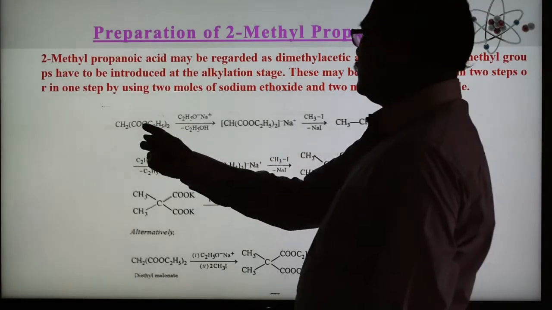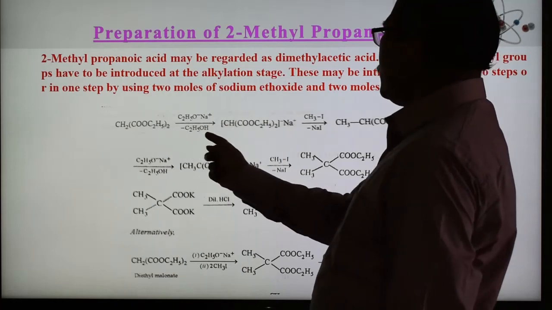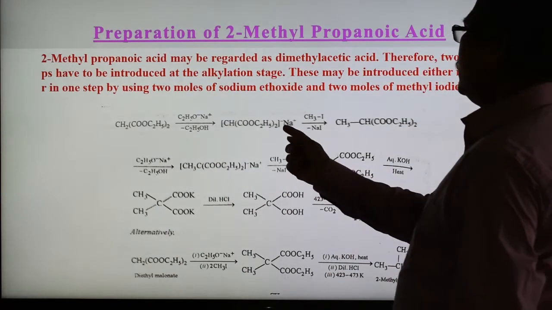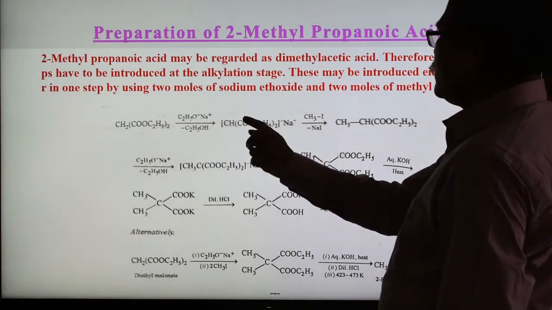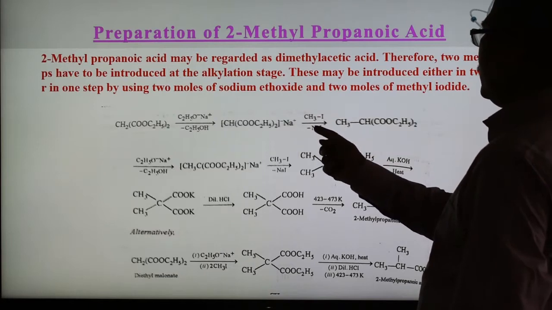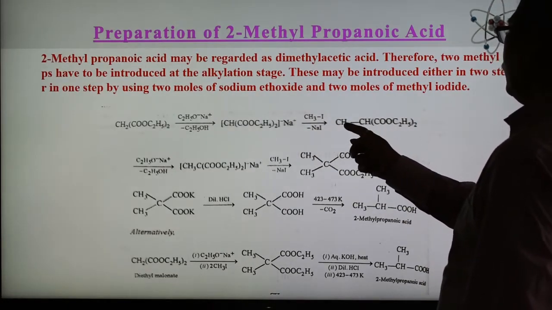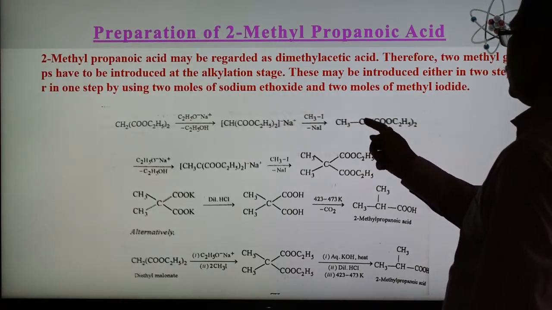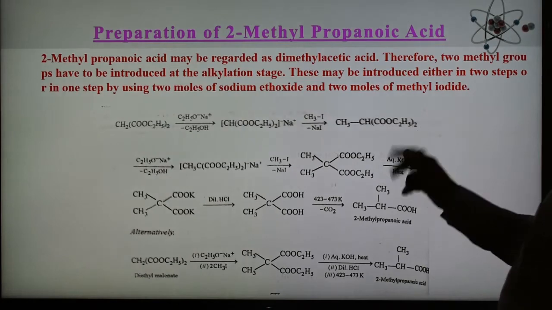This is the malonic ester and sodium ethoxide, minus C2H5OH. We get the sodium salt of this enolate anion, so a negative charge is there. So this is the formation of enolate. Then 1 alkyl group, methyl iodide, so NaI is lost, and here 1 CH3 alkyl group is attached. This CH, having another H, can be replaced, because we have to attach 2 alkyl groups.